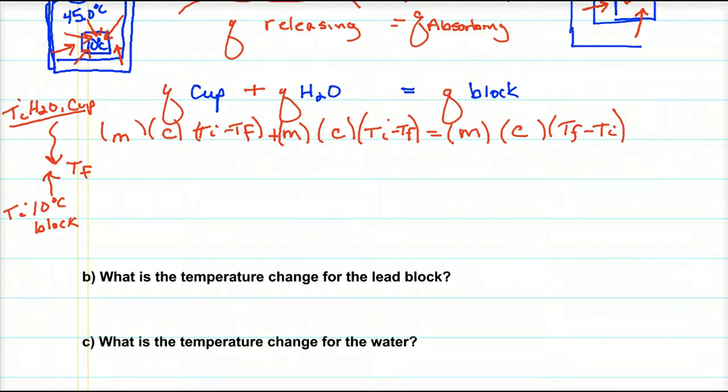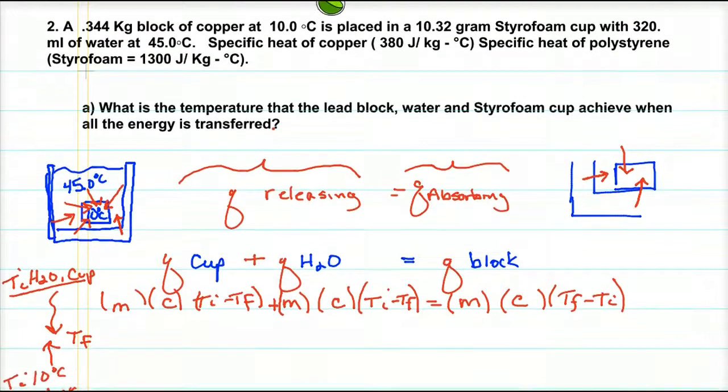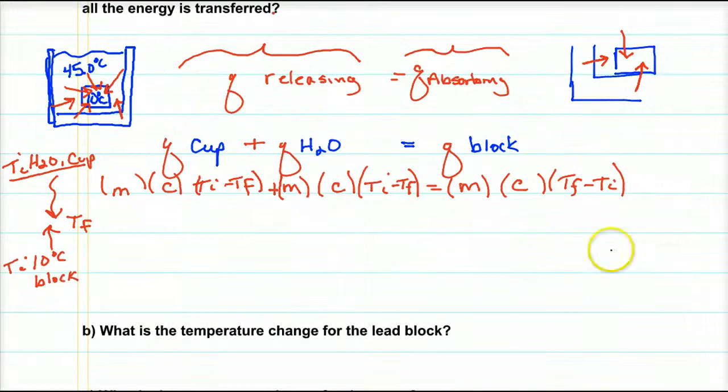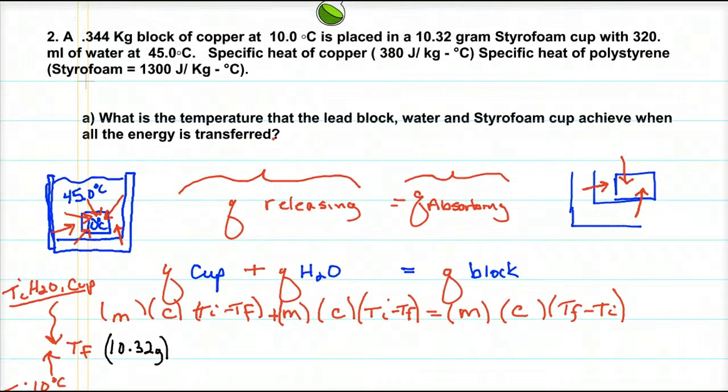Let's put some numbers in. And away we go. So the mass of the cup has to be given, and of course it is. We have a 10.32 gram cup. So I'm going to change my ink so we can follow along. 10.32 gram cup. All right, the specific heat of the cup, okay, is 1300 joules per kilogram.